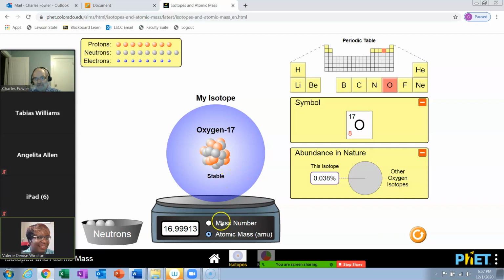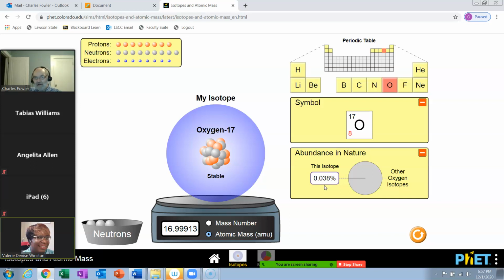What's its mass number? 17. Got it. What's its atomic mass? 16.99913. Perfect. And the symbol? 17O. Got it. And its abundance in nature? 0.038%. Not very much. Very good.